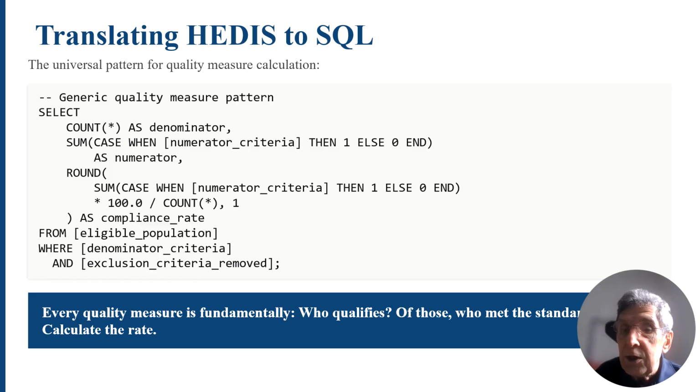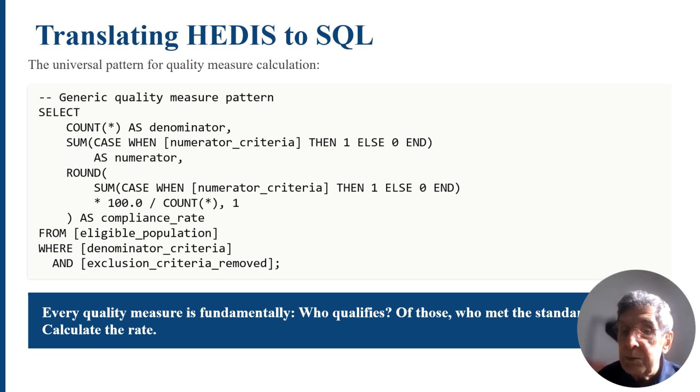Second, sum with a case expression counts the numerator, patients who met the quality criteria. The case returns a 1 when the criteria are met and a 0 otherwise, so sum gives you the count of the patients who qualified. Third, the round expression calculates the compliance rate by dividing the numerator by the denominator and multiplying by 100.